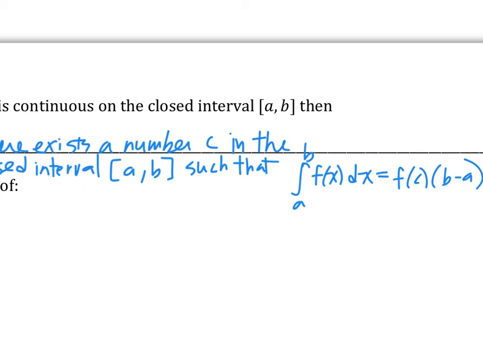So there is this number c between a and b so that the integral from a to b of f of x, remember that means the area under f of x from a to b, is equal to f of c times b minus a, which I will talk about what that actually means. Okay, so make sure it's copied down first, and then I'll show you.